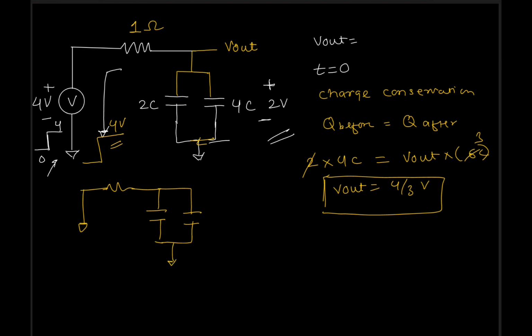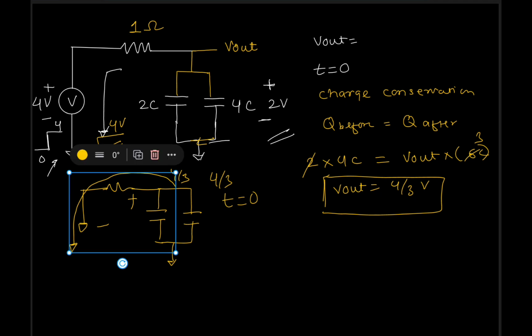At t equals 0, you will be getting 4 by 3, and now due to this resistor, this will carry some current, because you have 4 by 3 here and the voltage difference between these two nodes is 4 by 3. That current will ultimately be supplied by the capacitor, so it will be totally discharged if the voltage source was not connected. But here the voltage source is connected. So what will happen?